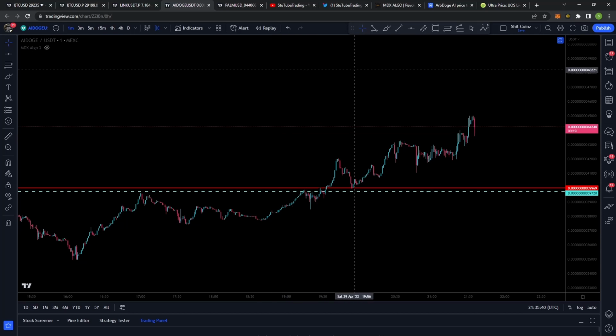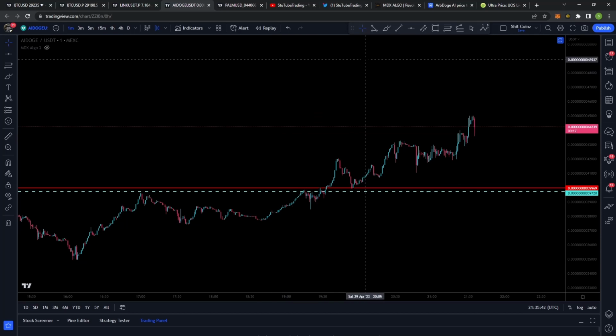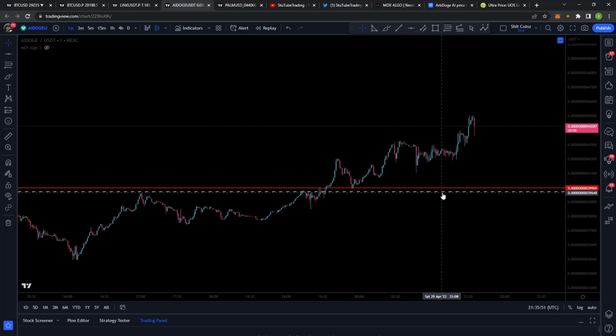Oh yeah, this thing could be so volatile, and this is why, just because anything can happen here, I did end up finally closing a third of this position. Stop loss still at break even.